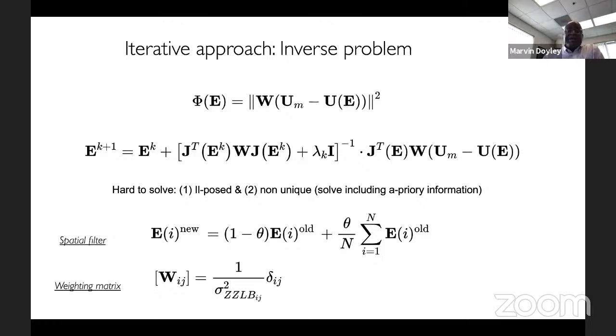So what we decided to do is a weighted least squares, where we use information about noise in the data or uncertainty in the measurements. And we had a way of predicting what the uncertainty in the measurements were. And then we use that to penalize areas which we're not sure of compared to regions which are very good.